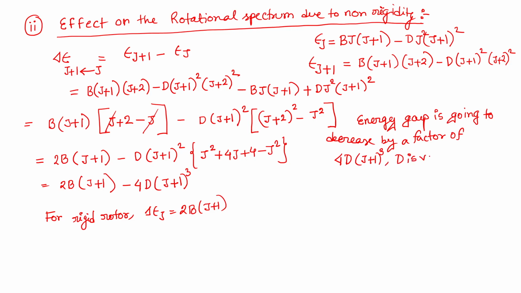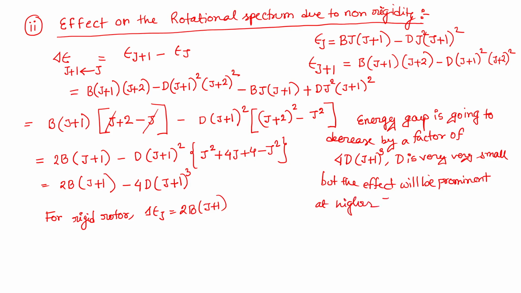D is very small, but the effect will be prominent at higher j values. Let me show you mathematically what I am trying to say.